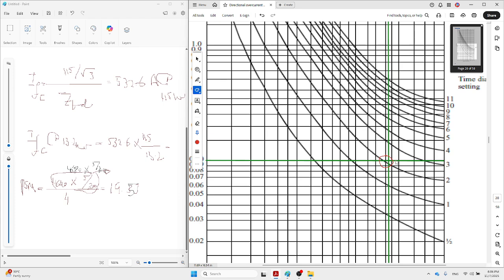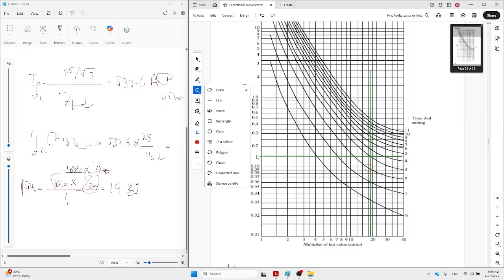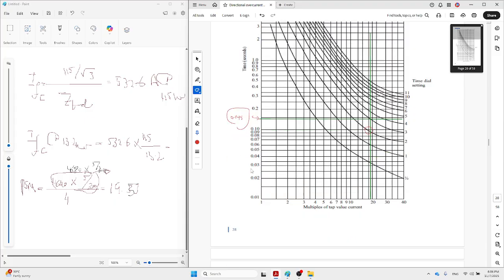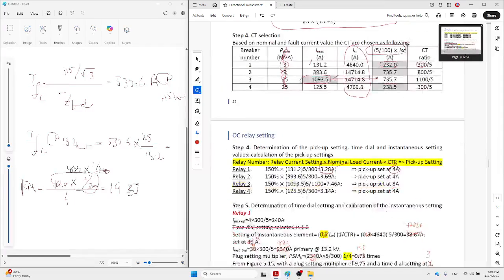Because of that, we have to upgrade this one to the next level, which is here. So the operation time of the relay, on behalf of being very, very fast at 0.1, is something close to 0.15. Here I assume it's 0.14, maybe 0.145, something looks like that for me.